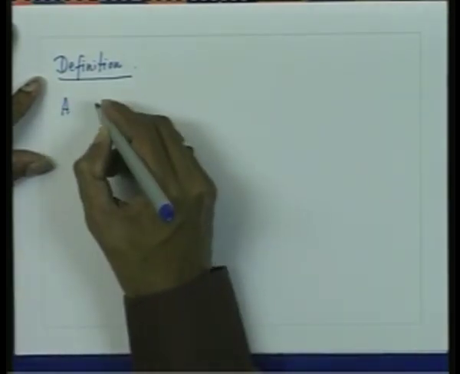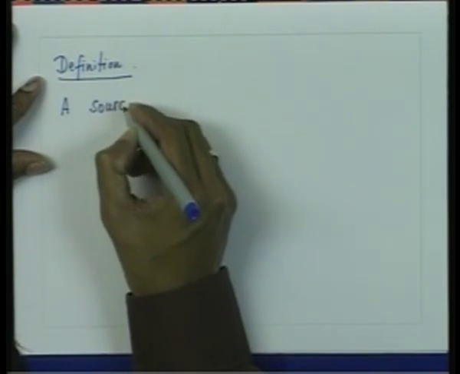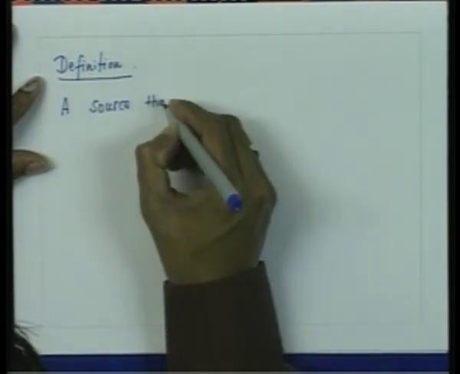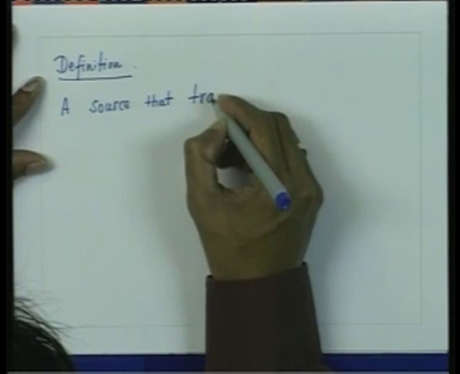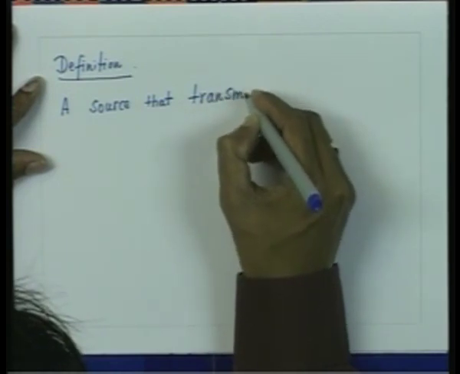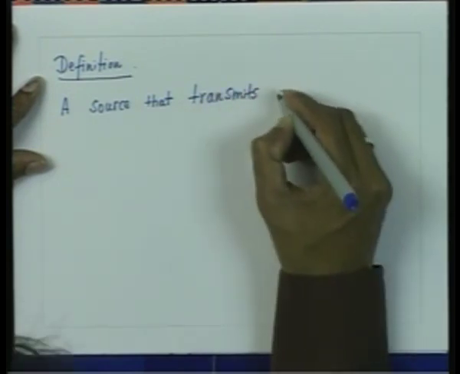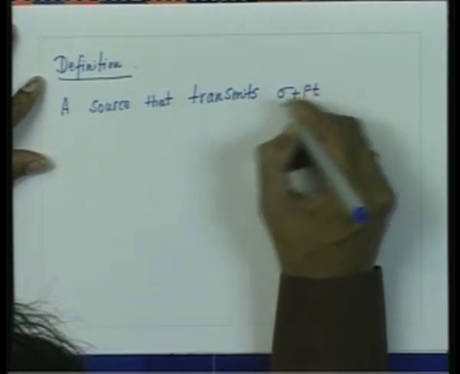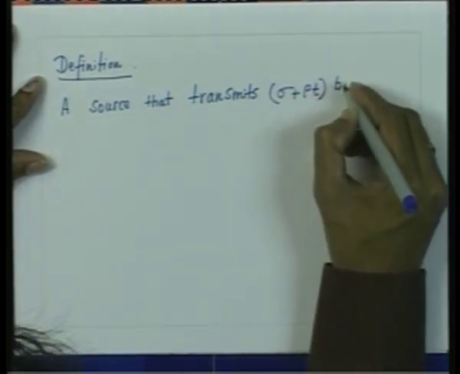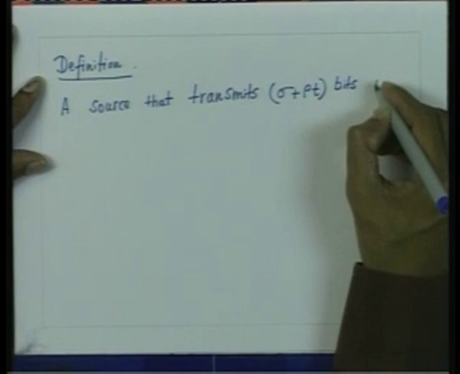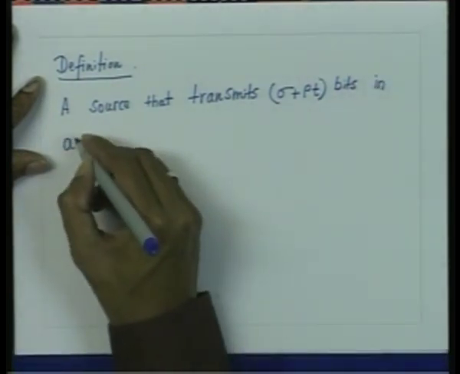Let us say a source that transmits sigma plus rho t bits in any interval.